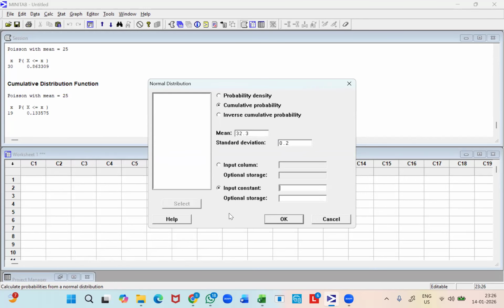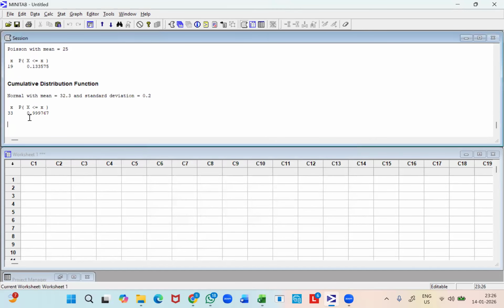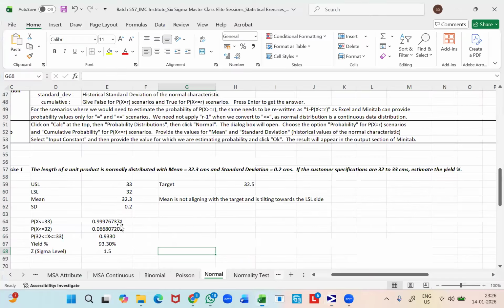First we will find the entire left-hand side area to the value 33, so give the input constant as 33. We get the left-hand side area as 0.999767, and that is exactly what we also got using the Excel formula.